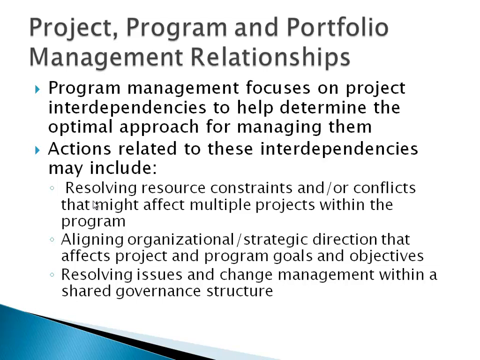For this, you have to balance the resources, know how much percentage of their time each resource is utilizing for a certain project, and based on that, you schedule and balance the resources to serve the different projects within one program. Then you align organizational strategic directions that affect project and program goals and objectives to serve the overall organizational objectives. Then resolving issues and change management within a shared governance structure.